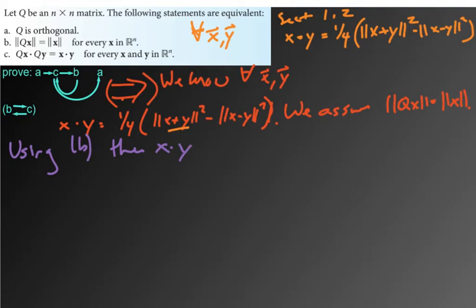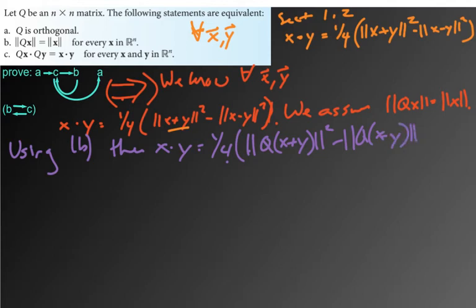x dot y equals 1/4 magnitude of Qx plus y, magnitude squared, minus magnitude of Qx minus y, magnitude squared, which we can simplify here a little bit.